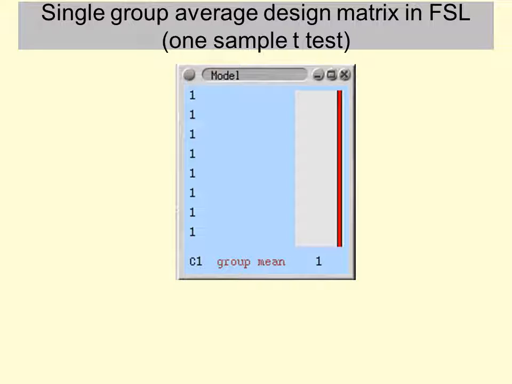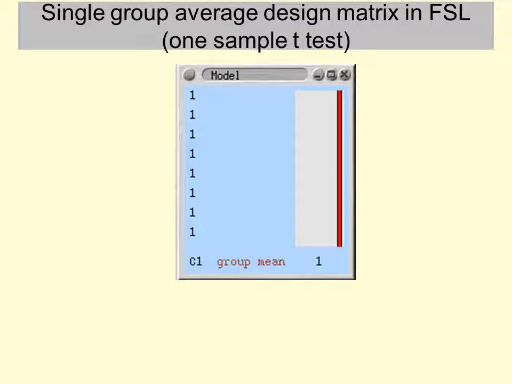Now, I mentioned earlier that in an auditory and visual condition you could use this design matrix to find the activation voxels for auditory, find the activation voxels for visual, and find the activation voxels where auditory and visual were different. But look, we don't have contrasts that do that at the bottom here, do we? There's only one contrast. And the reason for this is that this design matrix at the second level can be applied to as many or as few of the first level contrasts that you processed as you want.